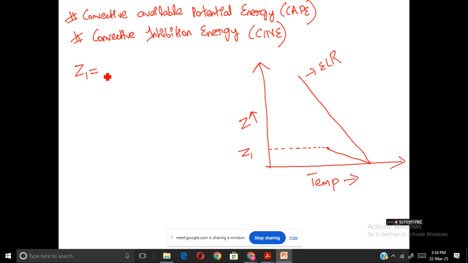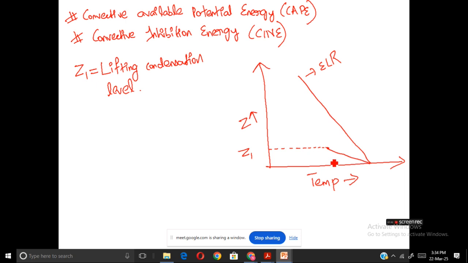The level at which the parcel became saturated is known as the lifting condensation level.